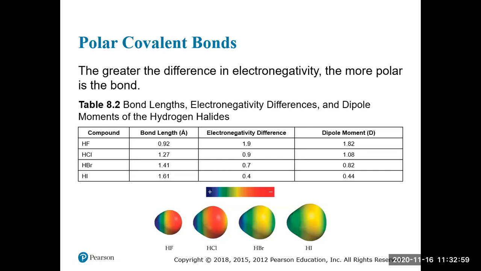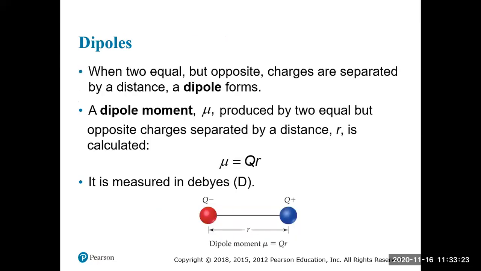We also see, which is interesting, that the more electronegative situation you have, so the more polar situation you have, a shorter bond length. So it starts at 0.092 for the HF and winds up at 1.61 for HI. So you have a bond length difference as well.